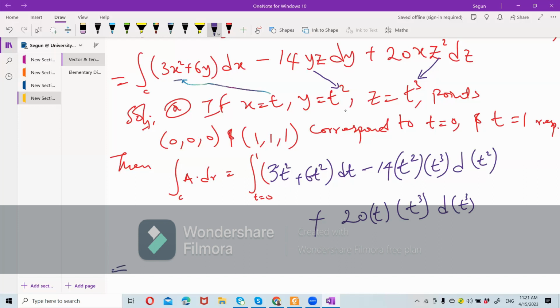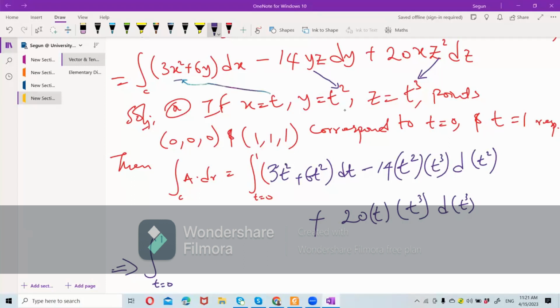So all we need to do here is to try as much as possible to merge everything together. First of all, settle the issue of differentiation before integration. So when you add the two together here, what do you have?